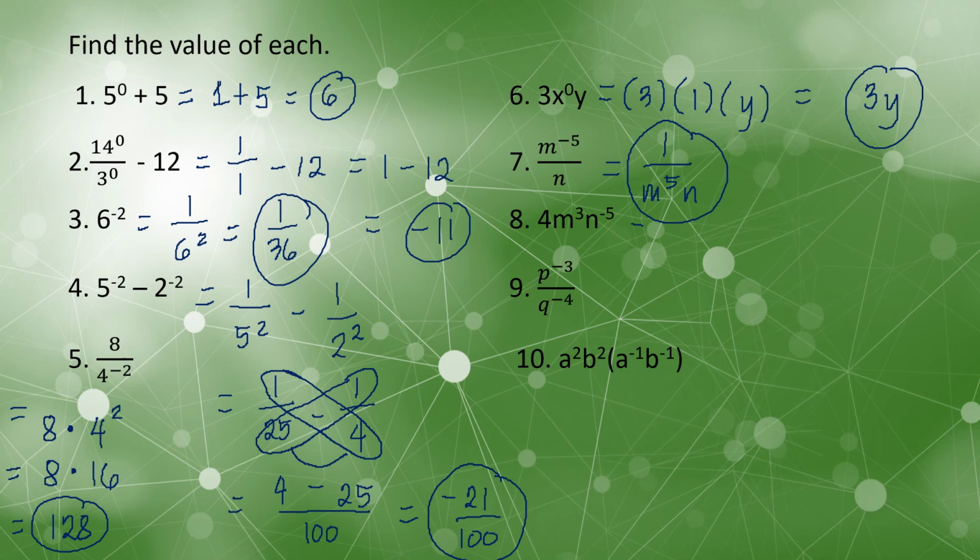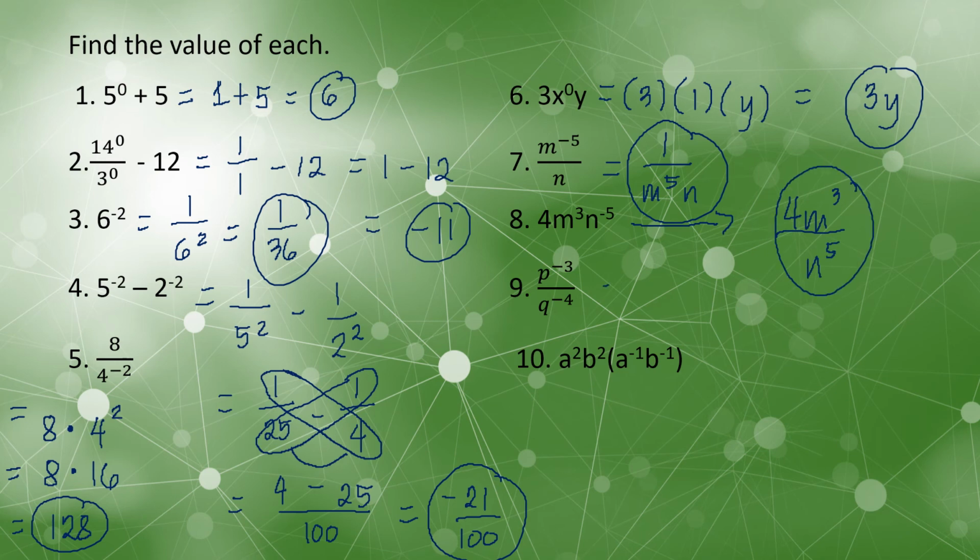Number 8, 4m cubed n raised to negative 5. To get rid of the negative exponent in n, which is negative 5, we put it in the denominator. So it becomes 4m cubed over n to the 5th power.